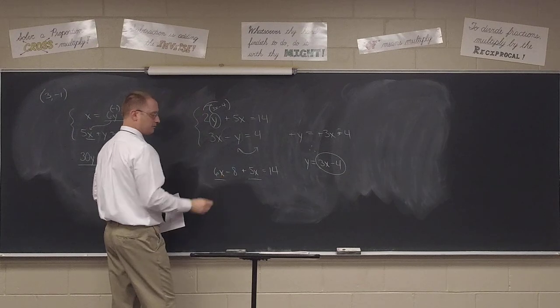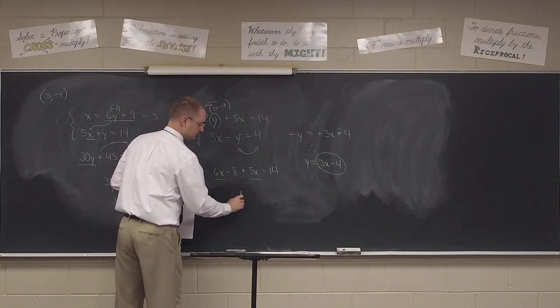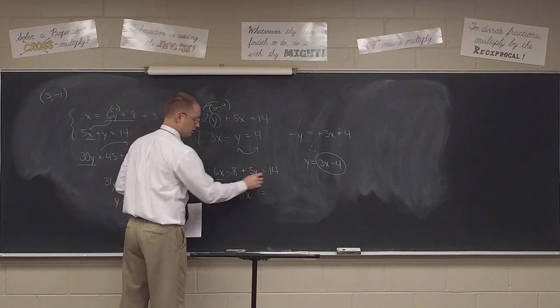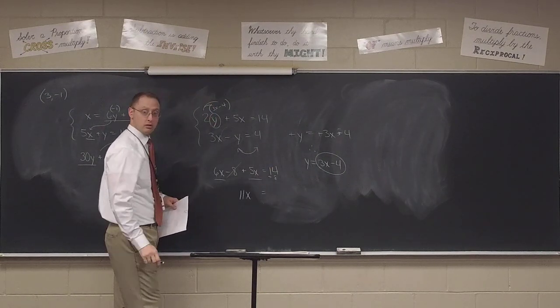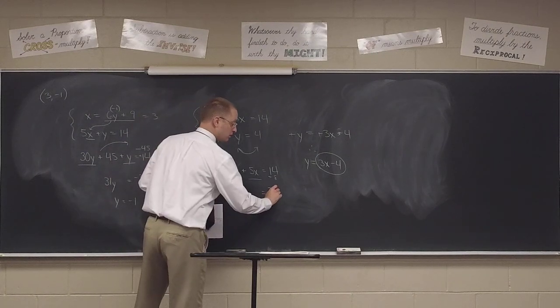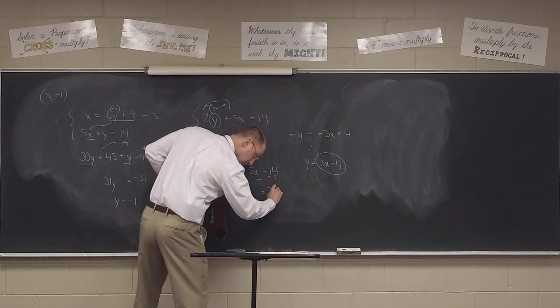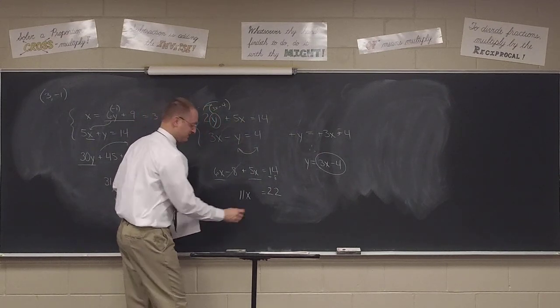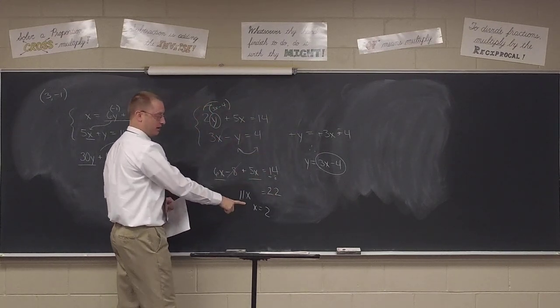We can combine: 11x equals 4, 20, 22. And we get 2. That's what we should have gotten for the x.